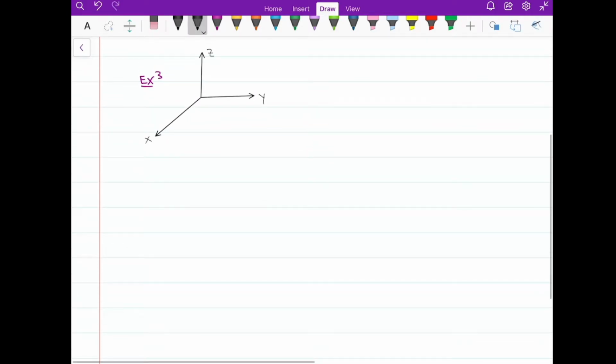And then I have a point in here, the point R (0, 0, 1). Then I have another point P (1, 0, 0), and I have another point in here Q (0, 1, 0).